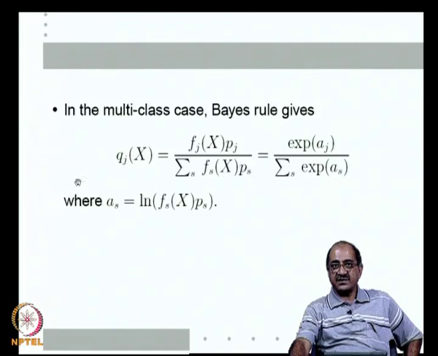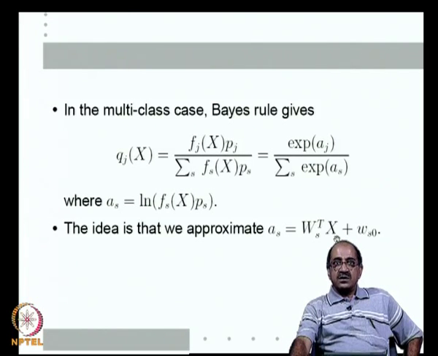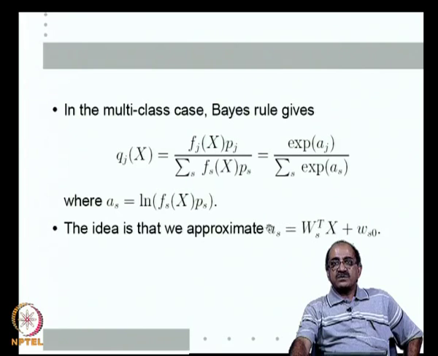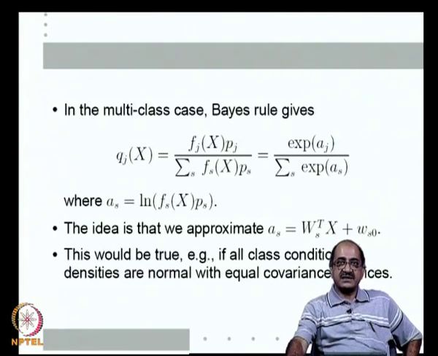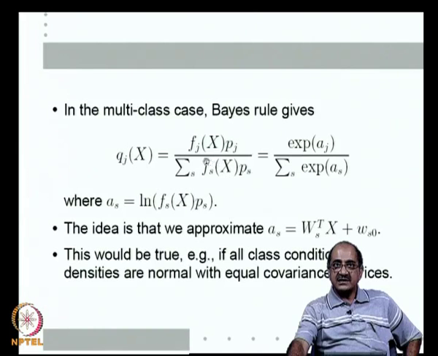And once again what we want to say is that a linear approximation for the aj's is okay as far as the classification is concerned. The aj's of course are functions of x. So, the idea is once again we want to approximate each as by ws transpose x plus ws naught. It turns out to be okay. For example, if all class conditional densities are normal with equal covariance matrices, when you take this ln, I get a quadratic term and a linear term in x.